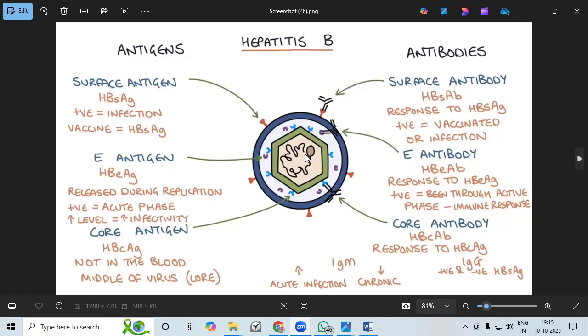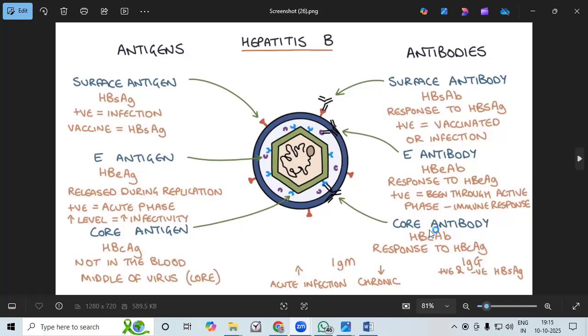Now remember one thing, very important, and this is very crucial. This antigen is not released in the serum. Our antibodies go and attack this core antigen. So that is why you do not get this in the blood. HBc antigen is not in the blood. Our antibodies are going to form IgM and IgG in response to the core antigen.